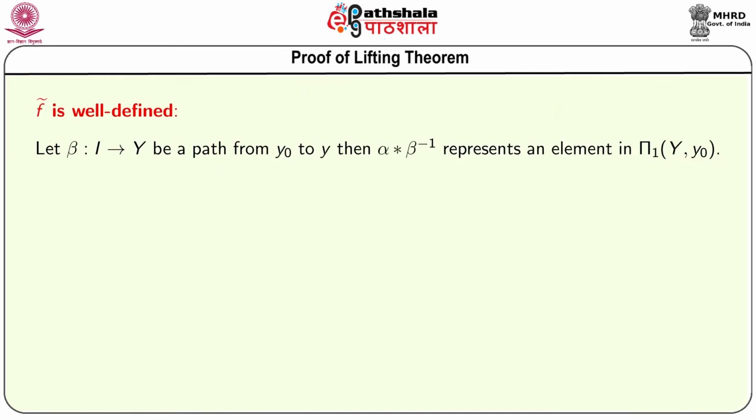Now, how do we prove that f tilde is well defined? Let us take beta, a path from y0 to y, then the product of paths alpha star beta inverse will represent an element of pi 1 Y y0. So, f sharp of the class alpha star beta inverse is a point in p sharp of pi 1 x tilde x0 tilde.